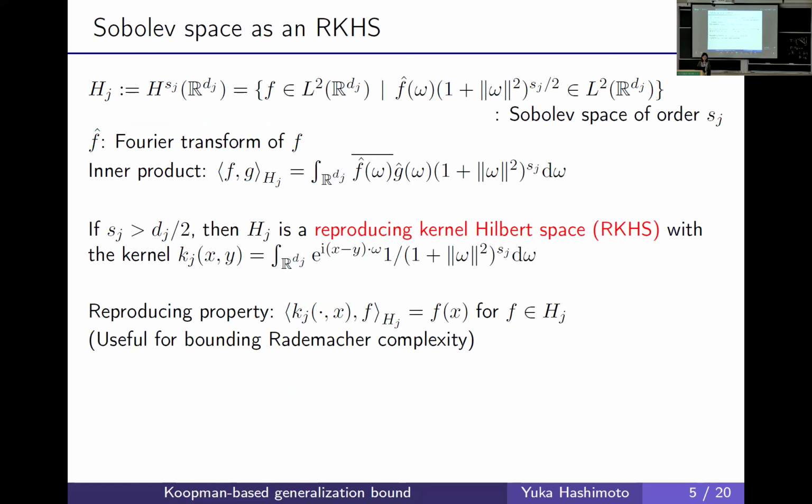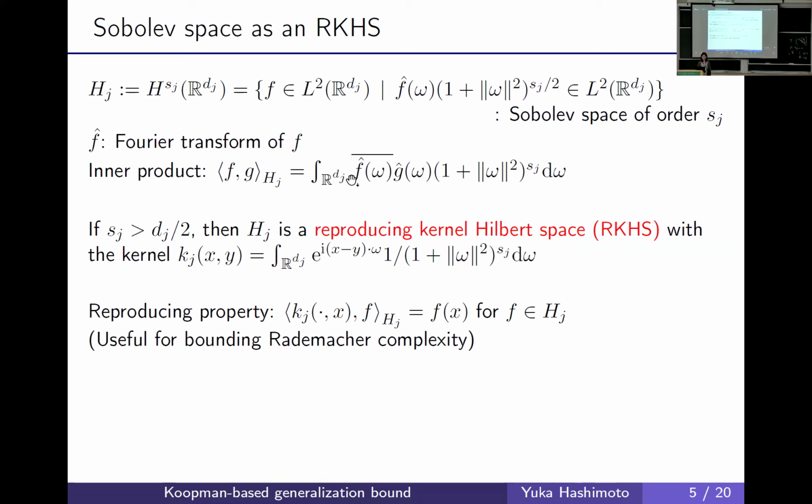Let me briefly explain the Sobolev space and why we consider it. Here, we consider the Sobolev space like this, and here s_j is the order of the smoothness. In this Sobolev space, the inner product is defined by using the Fourier transform and the integration like this.